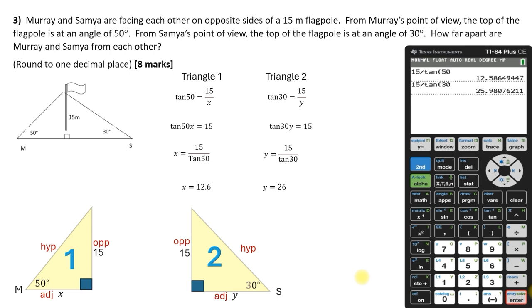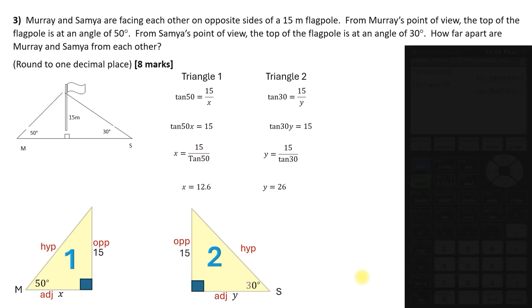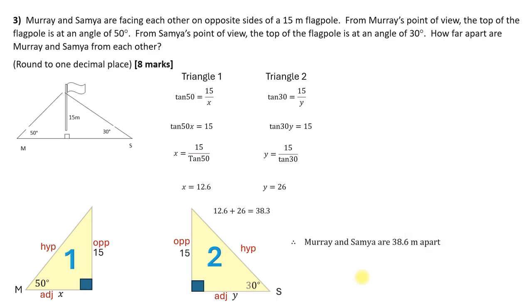We'll round up to 26. So now we have two distances for these two people. Murray is 12.6 meters from the flagpole, and Samia is 26 meters from the flagpole. Therefore, if we add these two up together, we can find out how far Murray and Samia are from each other, which happens to be 38.3 meters apart.